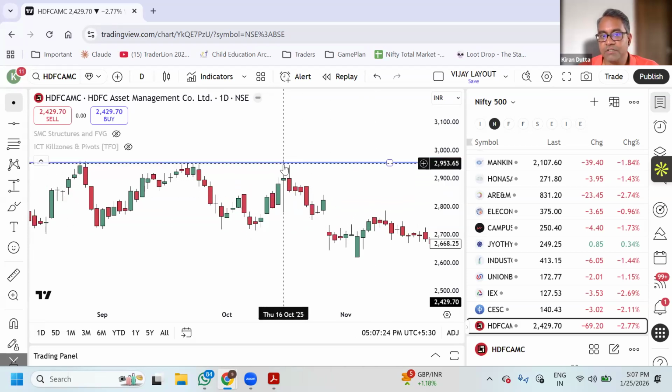Again testing on 16th October, 2952, 2957. One thing when you are drawing support and resistance is, don't go by the exact numbers.